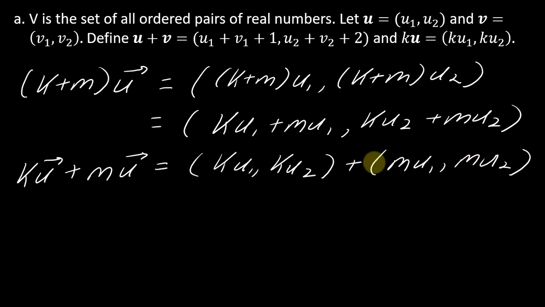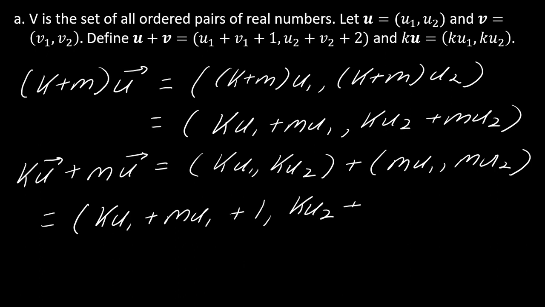Now I have to add these two, but when I add them, I have to use this defined operation. So when I add these, this becomes ku1 plus mu1 plus 1 and ku2 plus mu2 plus 2.